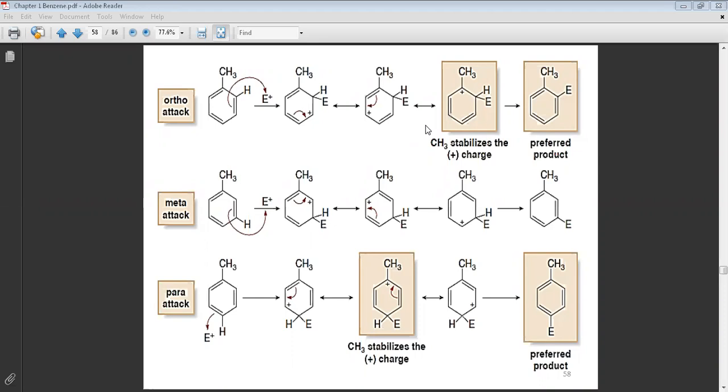In your exam, students, if I ask why the alkyl group is an ortho and para director, you have to explain and write all this in your answer.